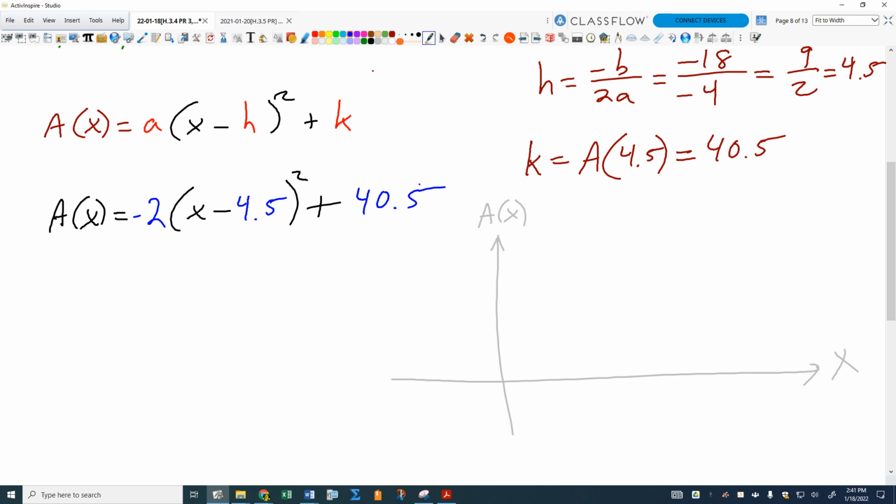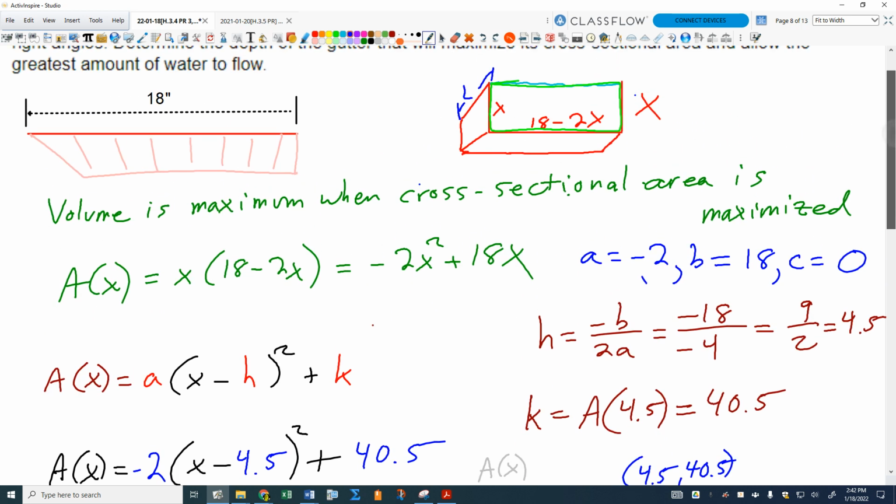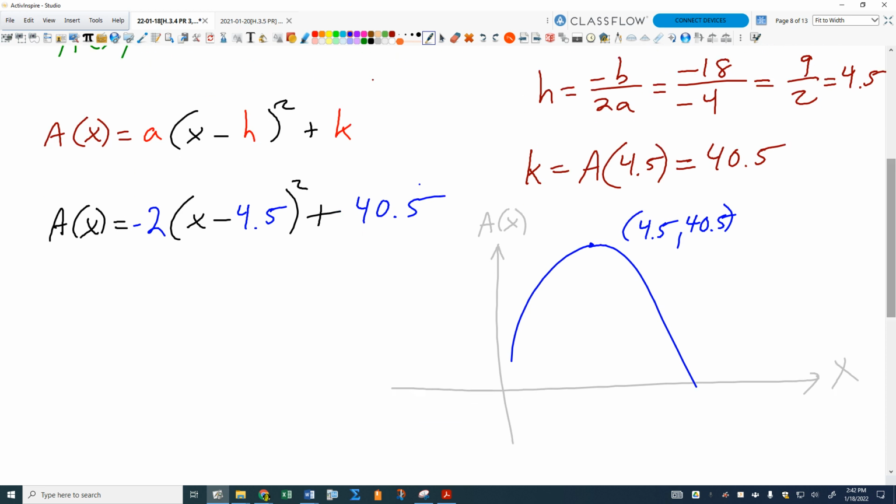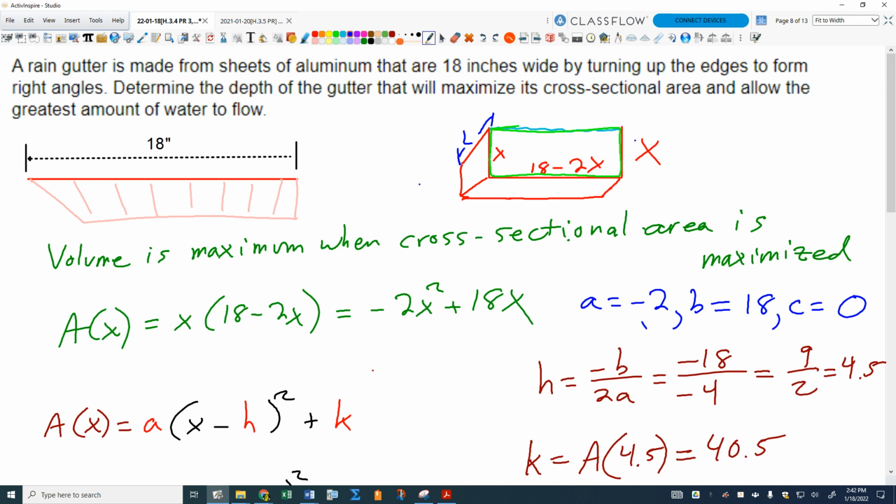Just h, k, right? The x coordinate of the vertex is 4.5, and the y coordinate is 40.5. And I know that this thing is opening down, so I've got the maximum. We defined the height as x. The x coordinate of the maximum is 4.5.